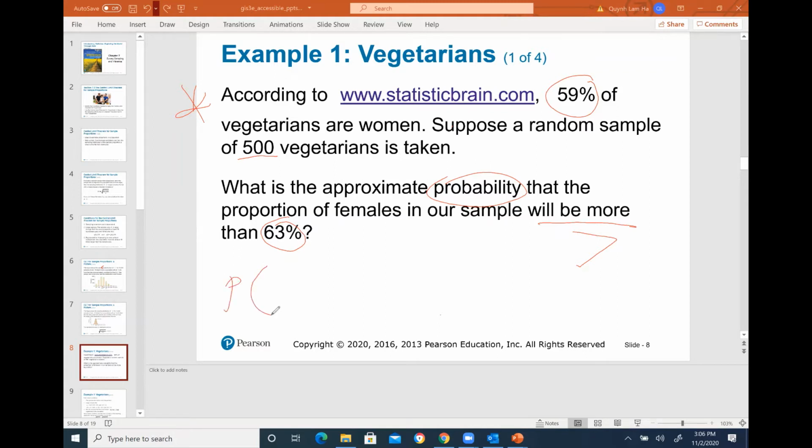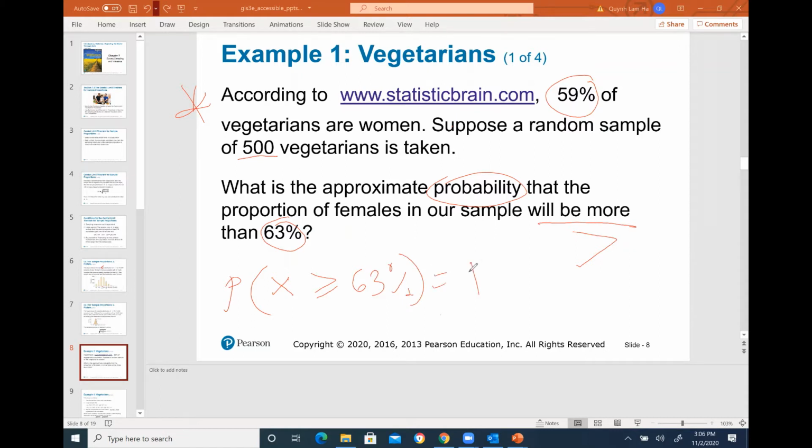We have to find the probability that x, I will assume x as the unknown, x will be greater, more than, right? You might write greater or equal to 63%.